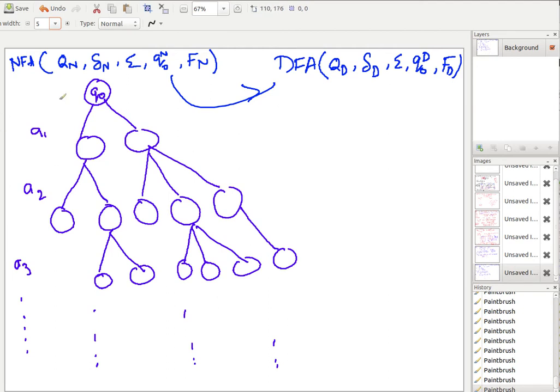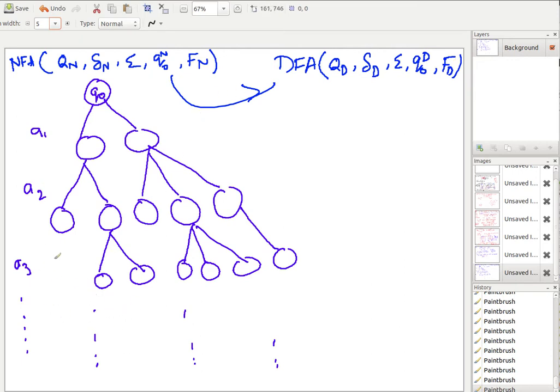See, if you really want to design an equivalent DFA, what do you need to do? Whenever the NFA accepts, I have to accept on the DFA, right? Whenever the NFA rejects, I have to reject on the DFA. How do we know that some NFA accepts?